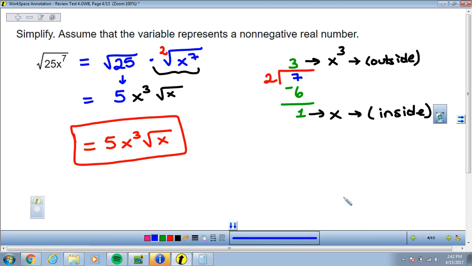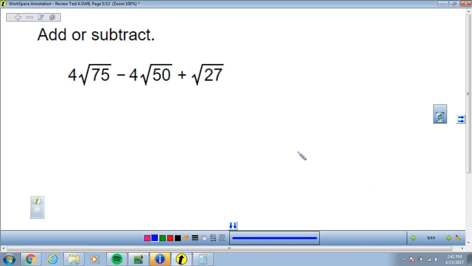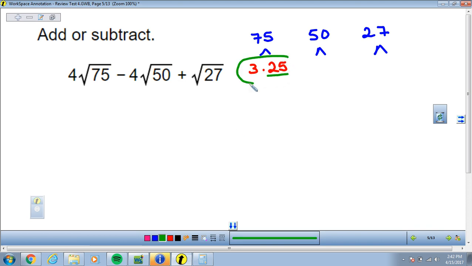Okay. The next problem is about working it into smaller pieces also. Two numbers that multiply together give us 75. What about 3 times 25? 3 times 25 is 75, and 25 has a perfect square root, while the 3 does not.